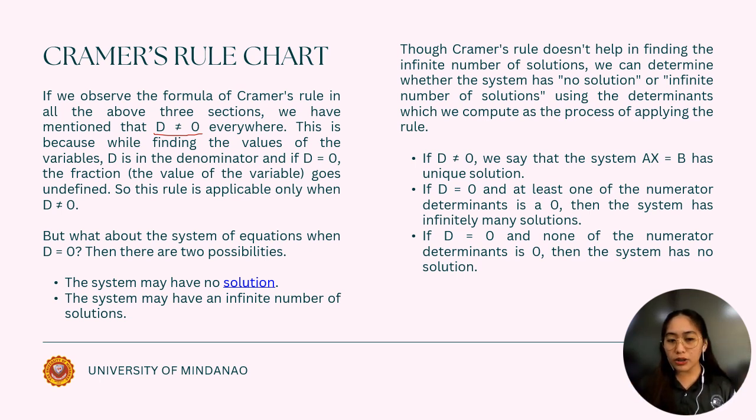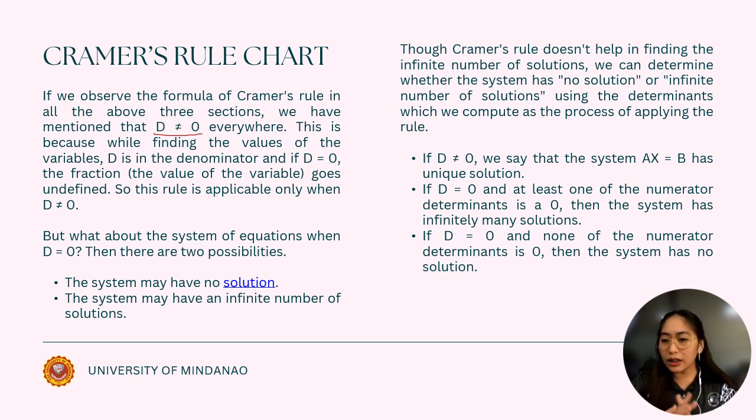But what about the system of equations when D is equal to 0? There are two possibilities for this. Number one, the system may have no solution at all, or number two, the system may have an infinite number of solutions. Though Cramer's rule doesn't help in finding the infinite number of solutions, so we will not discuss that, since the discussion is focused on Cramer's rule only, we can determine whether the system has no solution or infinite number of solutions using the determinants, which we compute as the process of applying the rule.